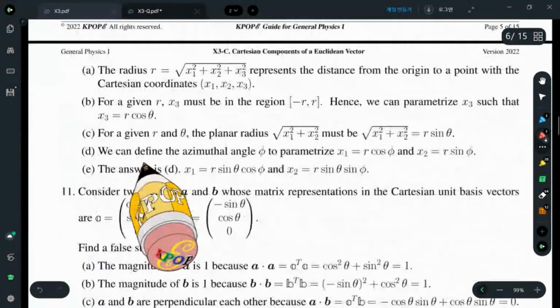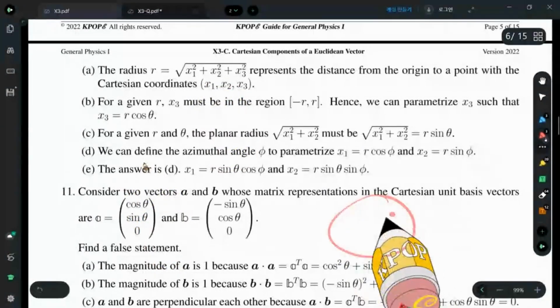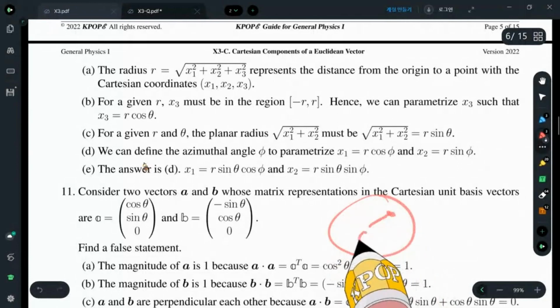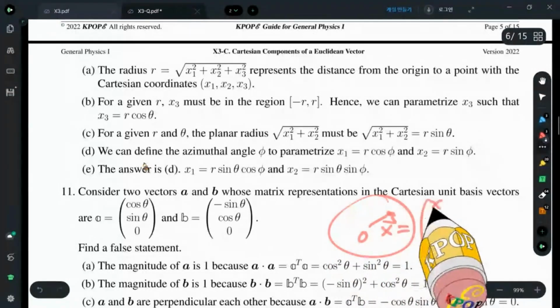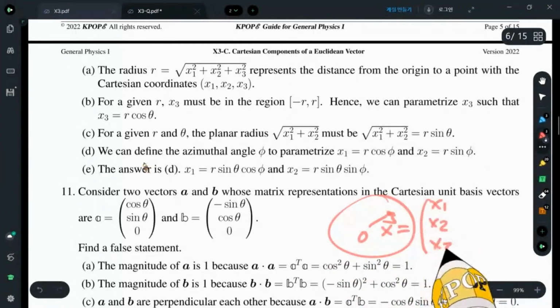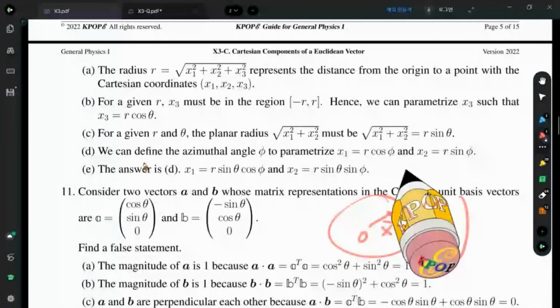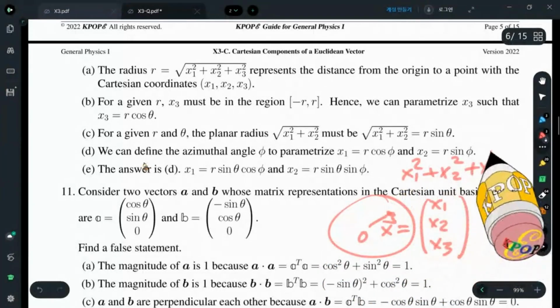In 3 dimensions, a sphere is defined by any point on the surface of a sphere. This is the origin. We have the x vector, and this x vector has Cartesian coordinates x1, x2, and x3 in matrix representation. Understood? And because it's a sphere, the sum of squares should be constant.